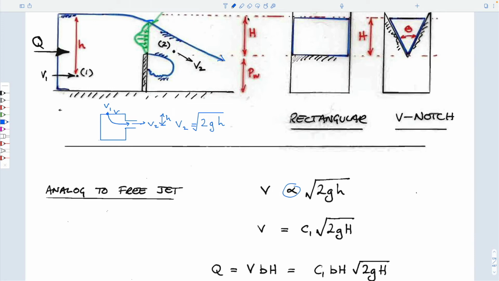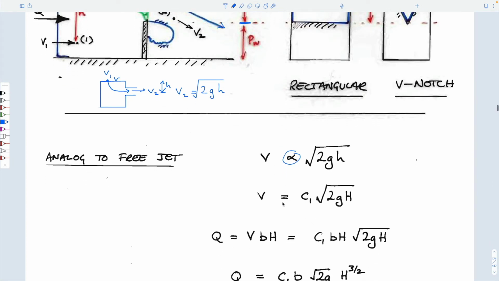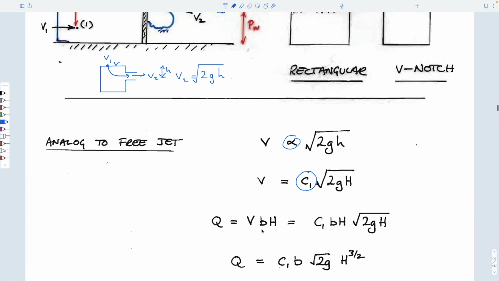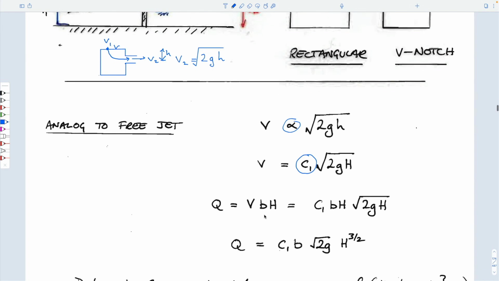So if you take the height of the upstream location relative to the crest of the weir, then you convert this being equal to some correction coefficient. If you look at the volume flow as being equal to the velocity multiplied through by the area.